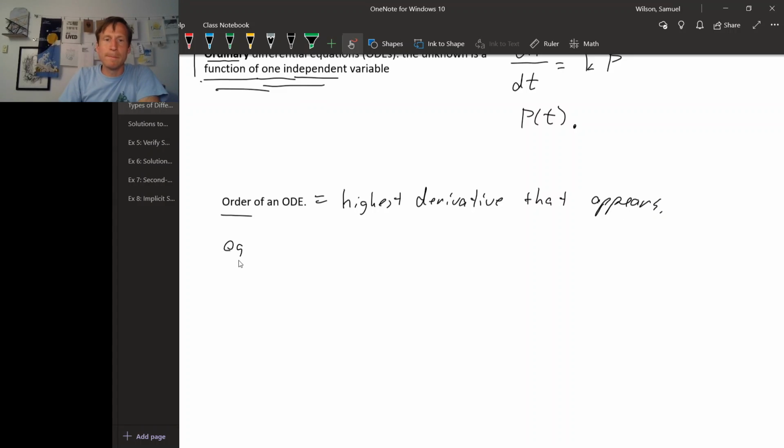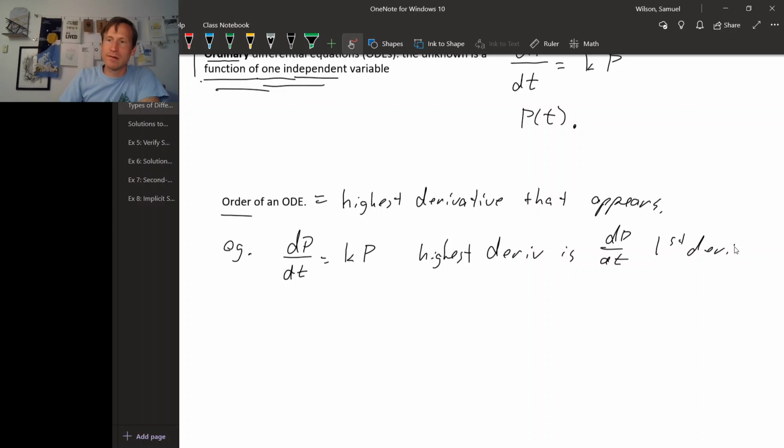So for example, in this population equation, dp dt equals k times t, the highest order derivative is just the first derivative, dp dt. So first derivative. And so we say that this differential equation has order 1, or is first order.